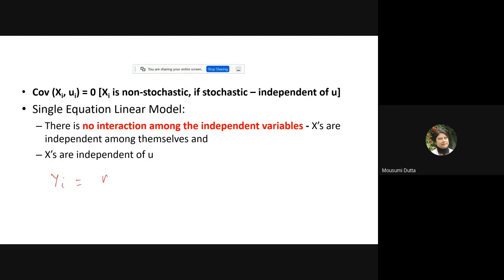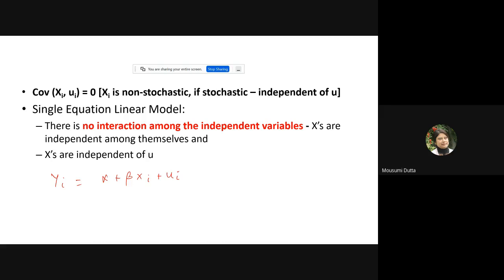Yi is equal to alpha plus beta xi plus ui. Now on the right hand side, I have two variables, xi, the explanatory variable, and the random variable ui, which we are calling the error term. So there are two variables on the right hand side, xi and ui.